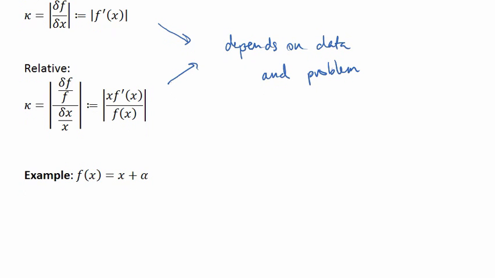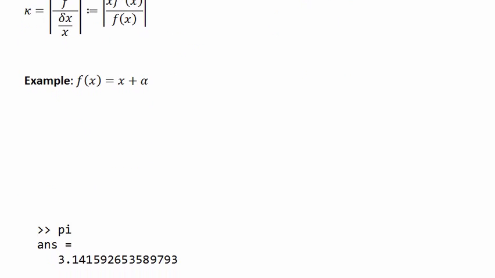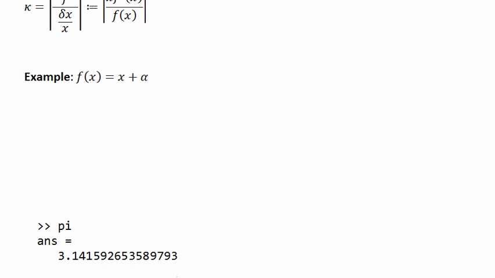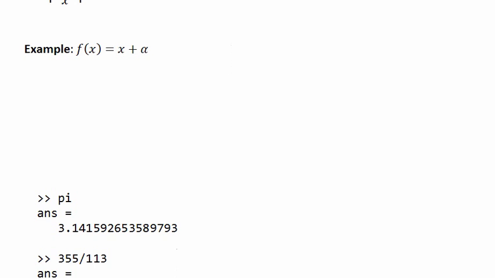So let's go back and look at the problem of adding numbers. So I did say that we only had one input value, so we have to pick one of the things to be a constant and one of them to be the variable x. So imagine in our example above, right, that x is pi and alpha is the approximation to pi with a minus sign in front of it.